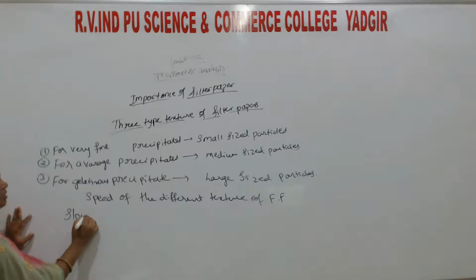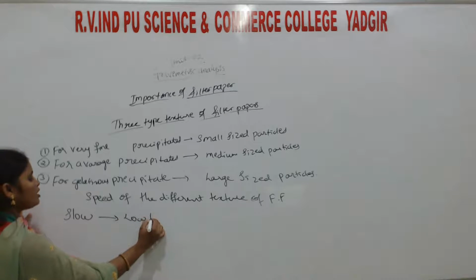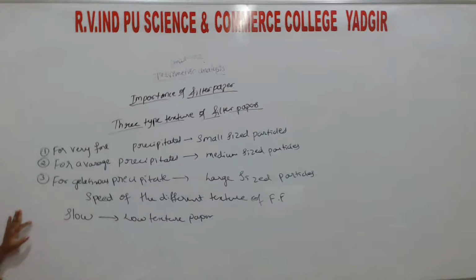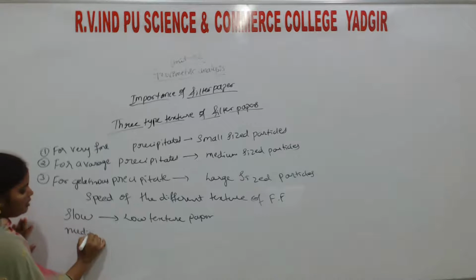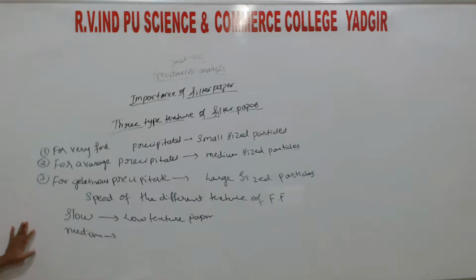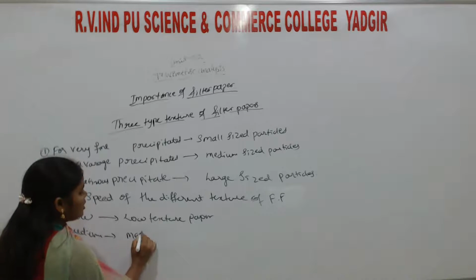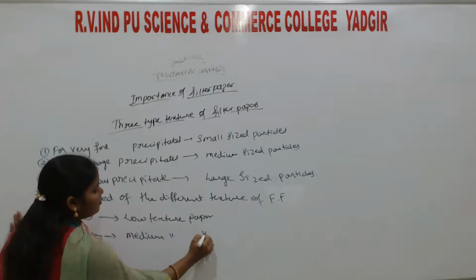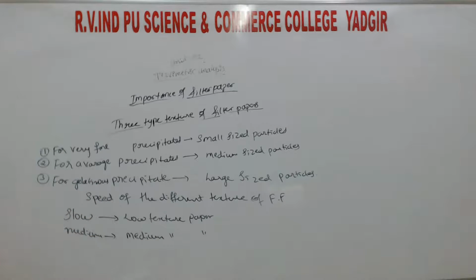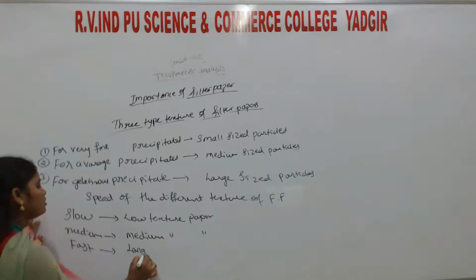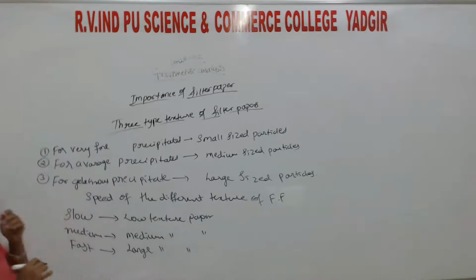When the speed is medium, that is a medium texture paper, or average. Then the large texture of paper.